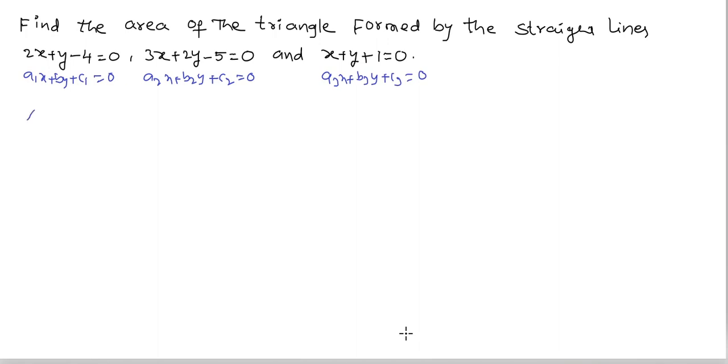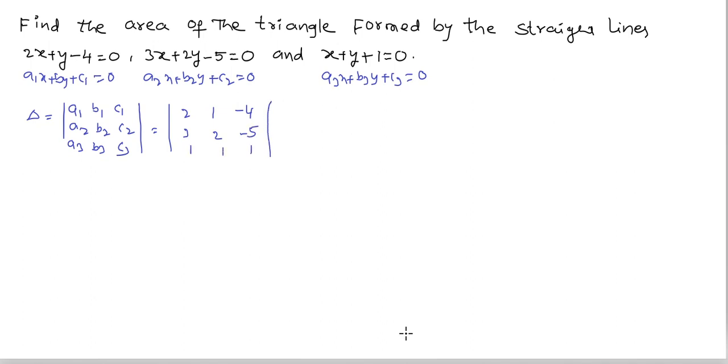First we find delta. Delta is equal to the determinant of a1 b1 c1, a2 b2 c2, a3 b3 c3, that is equal to the determinant 2 1 minus 4, 3 2 minus 5, 1 1 1.